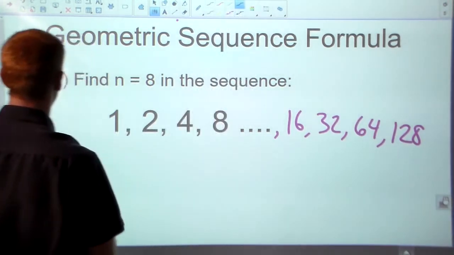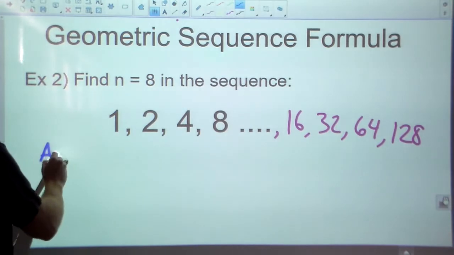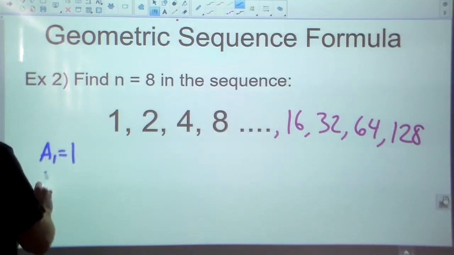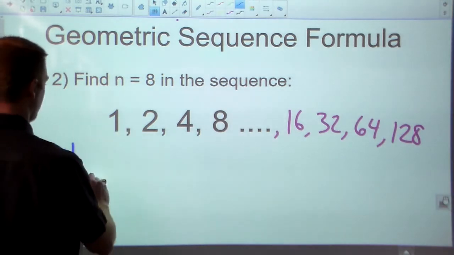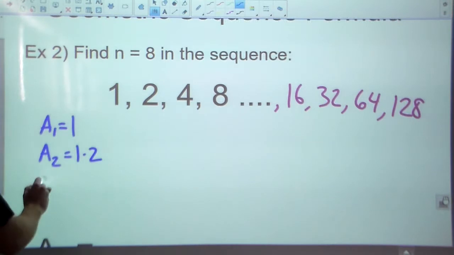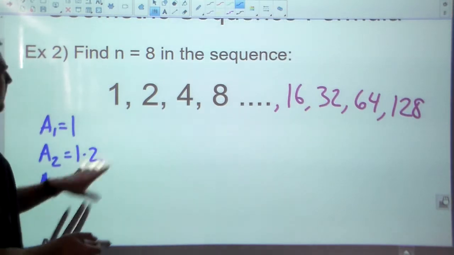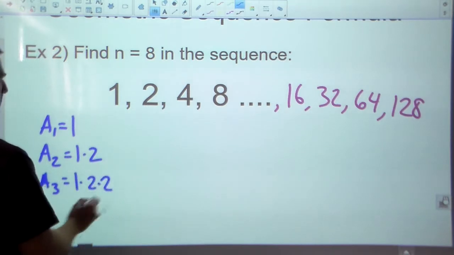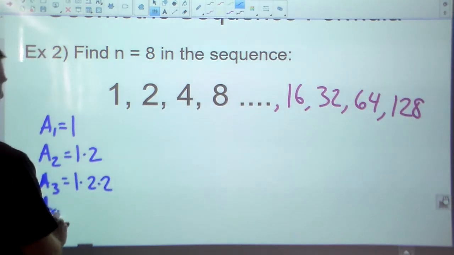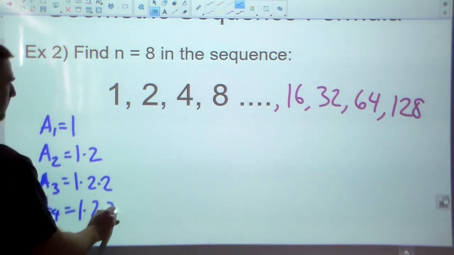Let's take that same approach that we looked at on the last example. The first term is 1. Let's think about what we can do with 1 to get the next term of 2. Well, that would be 1 times 2. Third term is 4. So what would I do with 1 to get 4? I multiply by 2 twice. And to get the next term, 1 times 2 times 2 times 2.